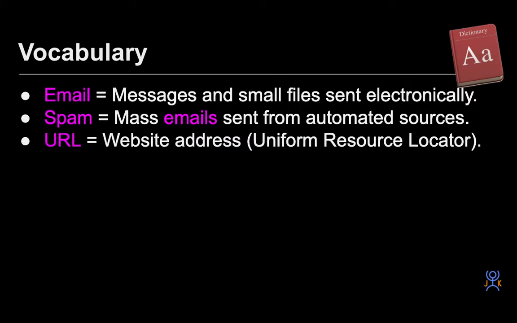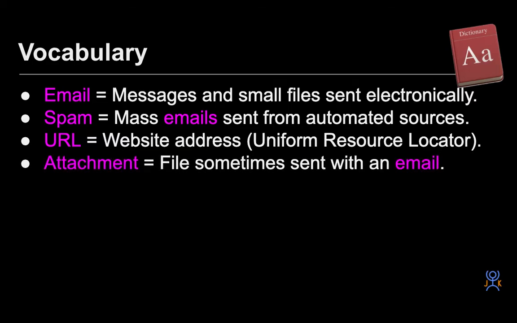A URL is a website address. It's called a uniform resource locator, but it's a website address. An attachment is files sometimes sent with emails, so maybe PDFs or PowerPoints or images, stuff that's attached to the email.